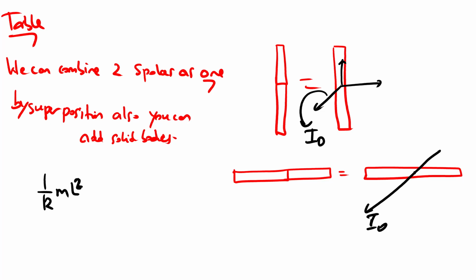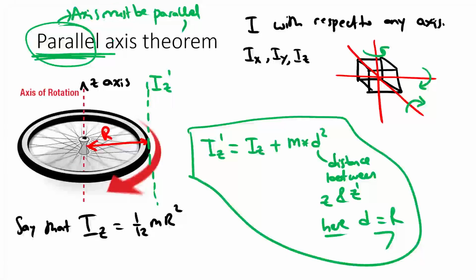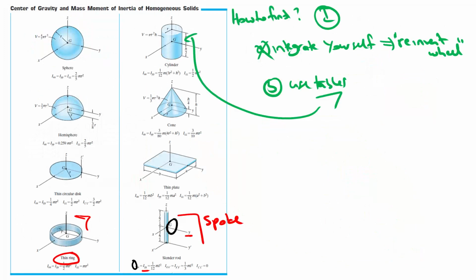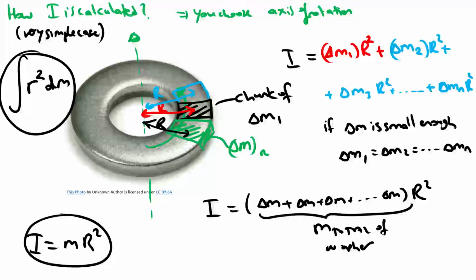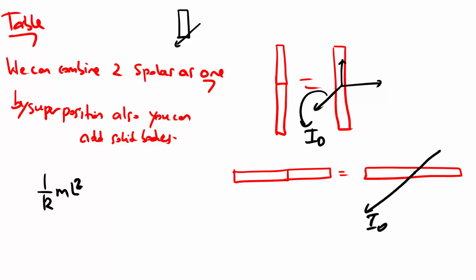Be careful: if you do it separately, for example for this one, and you look for this axis, then you will not look for the centroid, you will look for this part. But since we are not dealing with them separately, we are dealing with them as a whole, we will take 1/12 m L squared.